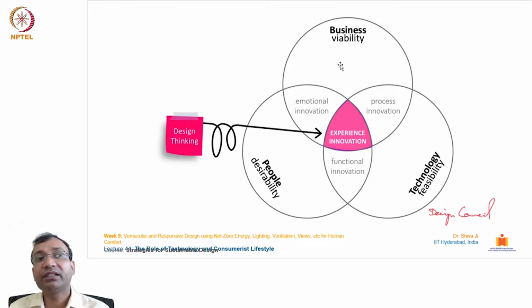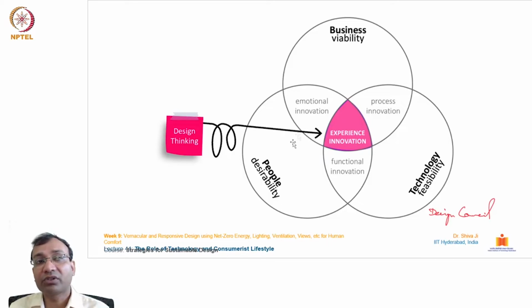There are three circles, business, people, and technology, and in the overlapping area there is the experience of innovation. By business they mean viability, by people desirability, whether there is a need for it, and technology makes things feasible. At the cusp of these three you see the experience of innovation.